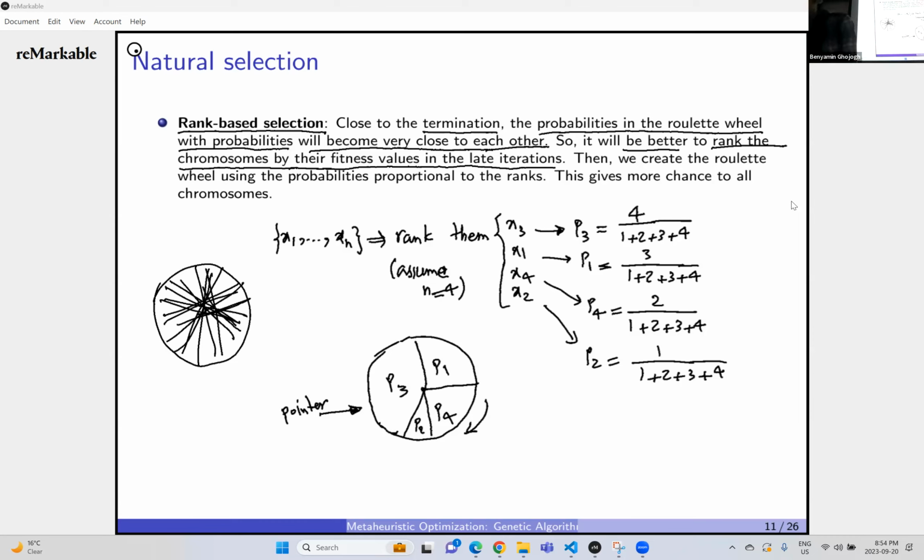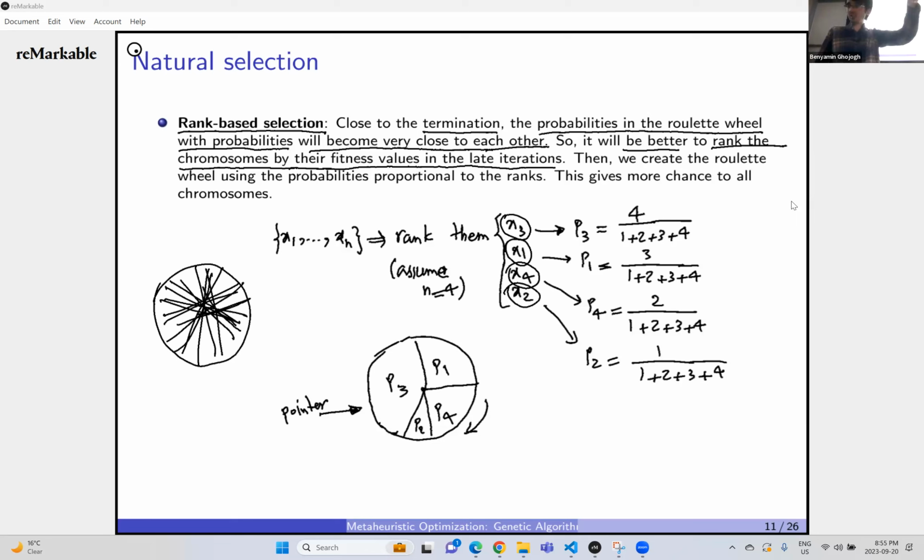How do we do that? We calculate the fitnesses. Assume my third chromosome has the best fitness, then my first chromosome, then my fourth one, then my second one. In each generation, I calculate the fitness for each chromosome.